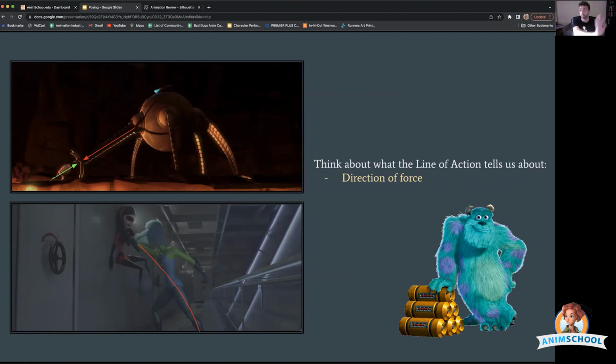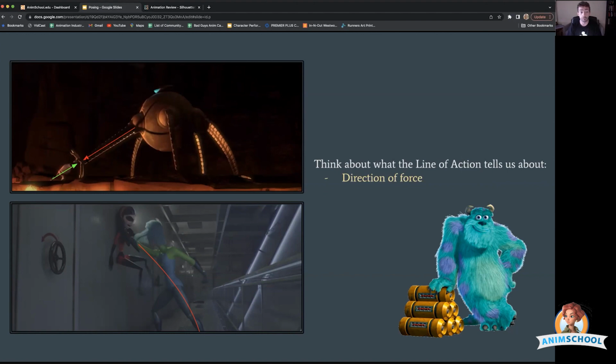We can tell it's applying a force, and then Mr. Incredible, we can follow his line of action, from his heel, straight through his arms to his hands, and we can tell that they're applying equal force to one another, and those forces are canceling each other out.